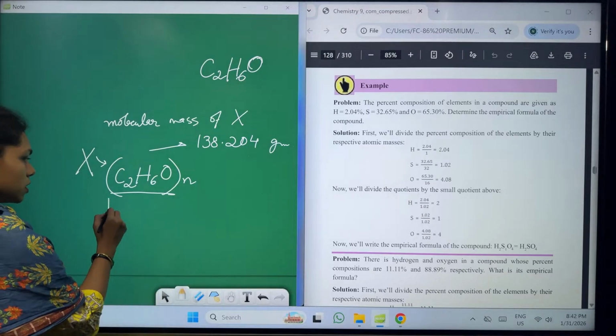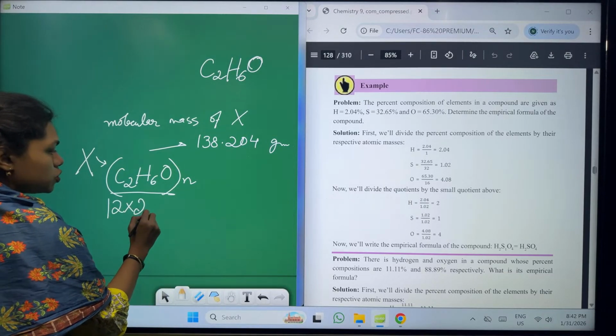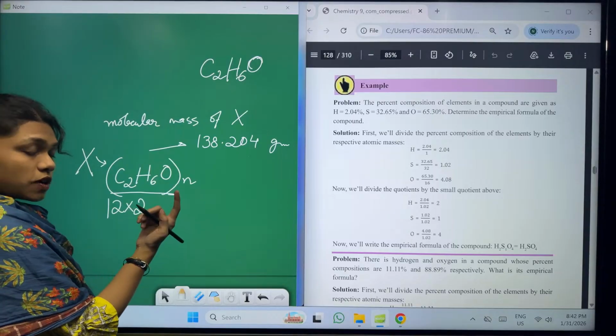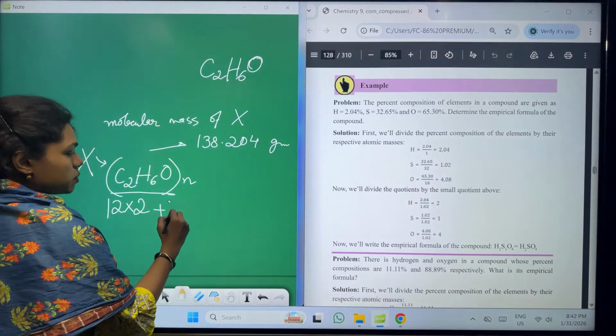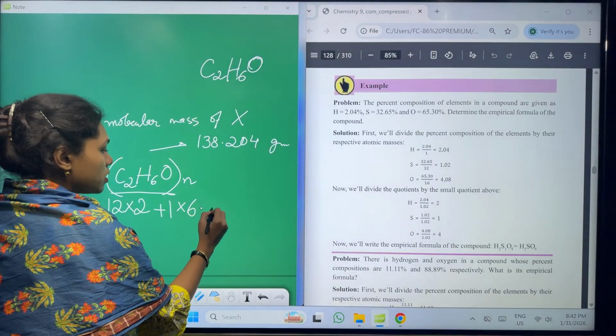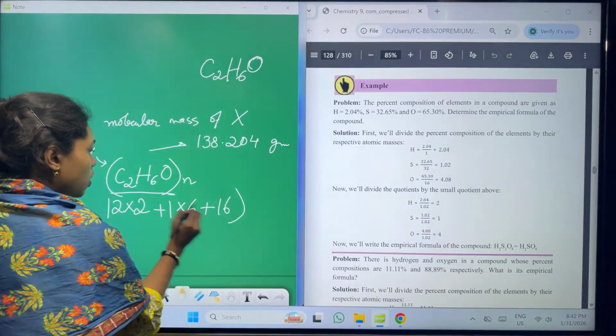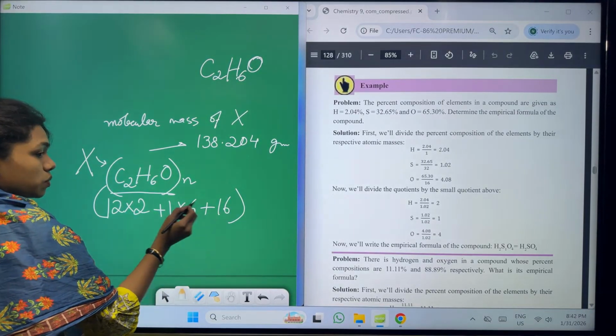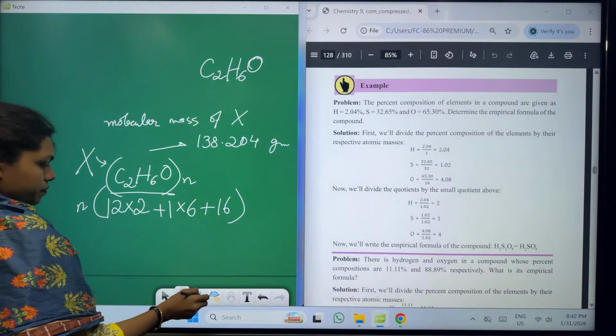That is 12. And how many carbon atoms do we have here? 2. So this is the mass of 2 moles of carbon atoms, plus similarly 1 into 6 for hydrogen, and for oxygen it's 16, and the whole thing can be multiplied with n. Why?